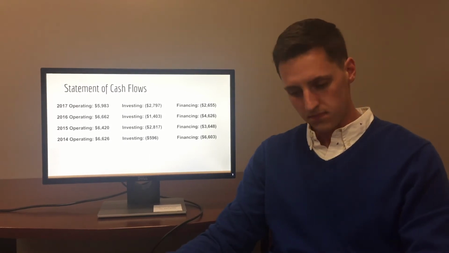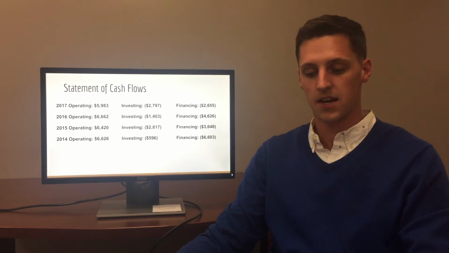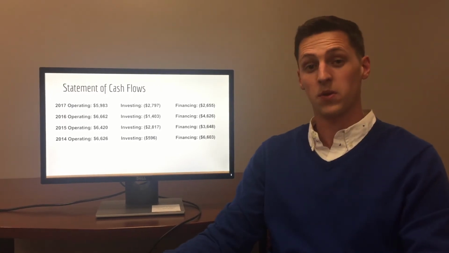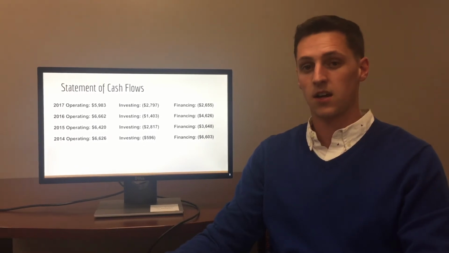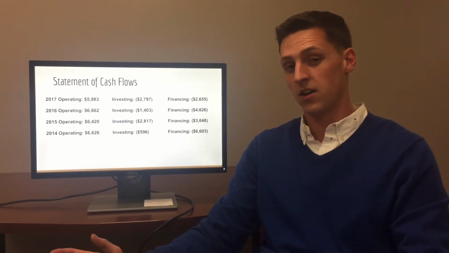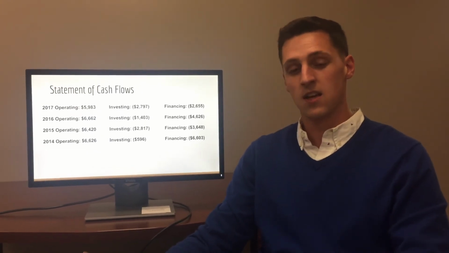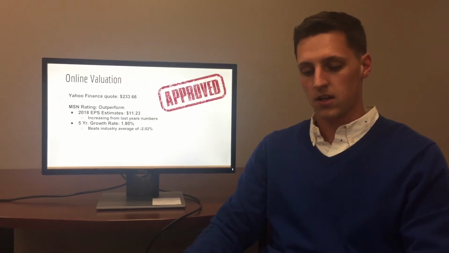And for the investing cash flows, we can see that the firm has been gradually putting more and more weight into that. They've been increasing their cash flows from investing activities. And on the contrary, we've seen financing cash flows decreasing over the years.